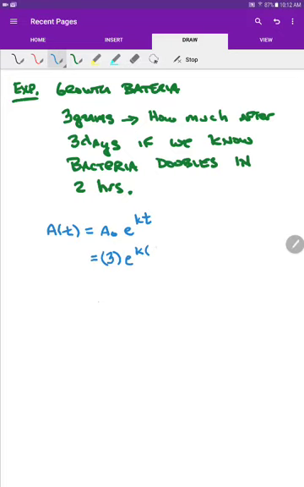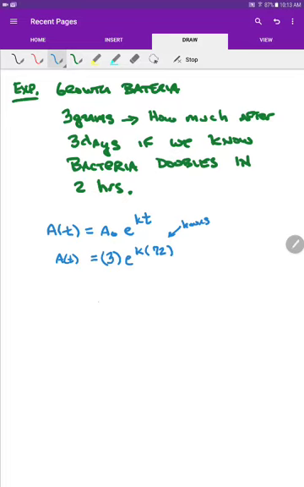But I'm going to convert that 3 days to hours, since I have information about how fast the bacteria doubles in hours. We need to keep our units the same, and since I have days and hours, I'm going to choose hours, so I'm going to go with 72. So we have that, and this equals our final amount of material after that time.